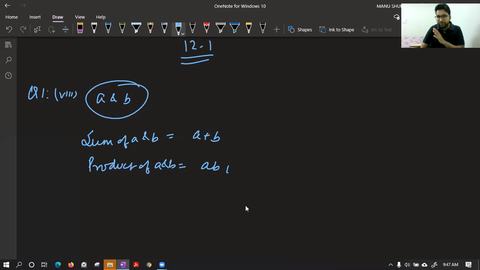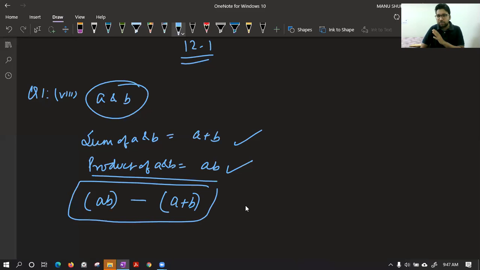So this will come first or this will come first? Please tell. Obviously from product, so we will write AB minus (A plus B). This is the answer. Because from product they are saying, so the product will come first, then minus will come, and then sum will come.